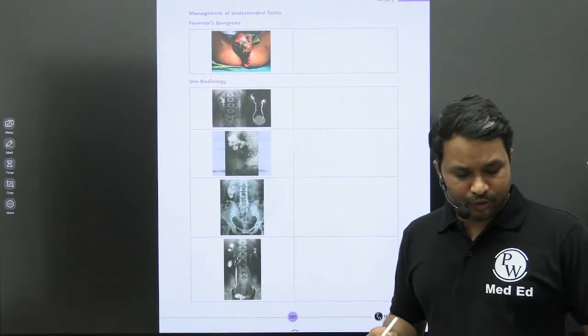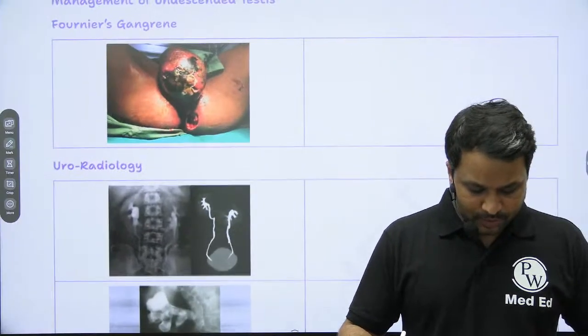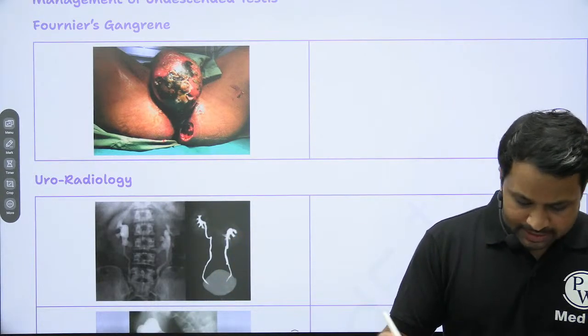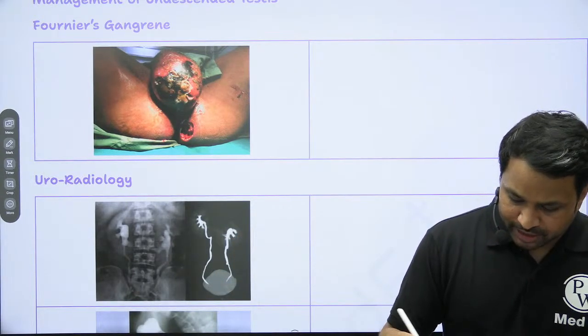So we have few images which are usually asked. The first one is your Fournier's gangrene. The Fournier's gangrene is what we call the necrotizing fasciitis of the perineal region.